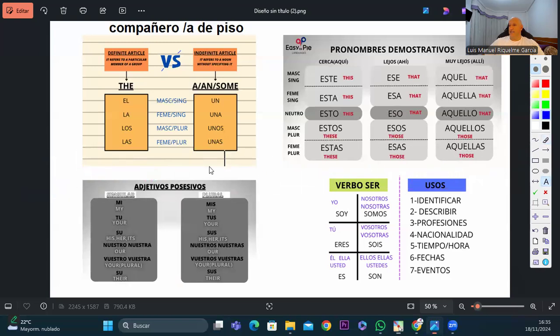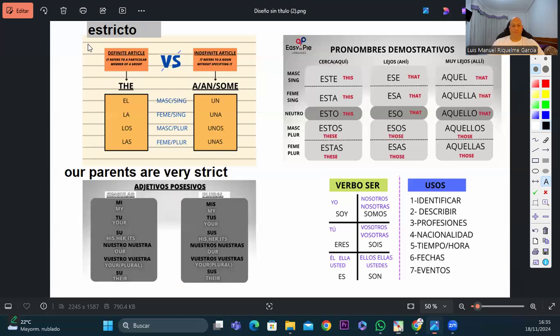One more, guys. For example, our parents are very strict. Yeah, I think that's correct in English. Okay. How do we say strict? Very similar in Spanish.